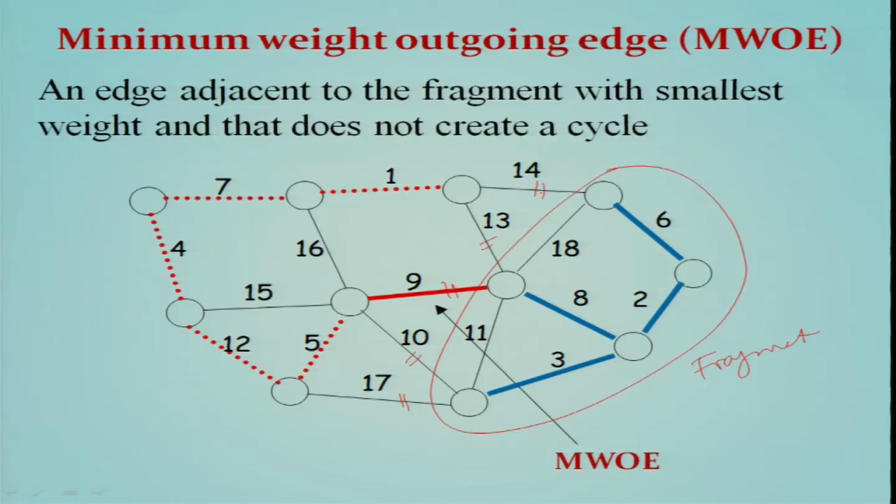Among these edges, the edge shown in red is of the minimum weight. Hence, by the definition, the edge 9 becomes the minimum weight outgoing edge, which is popularly known as MWOE in this algorithm.